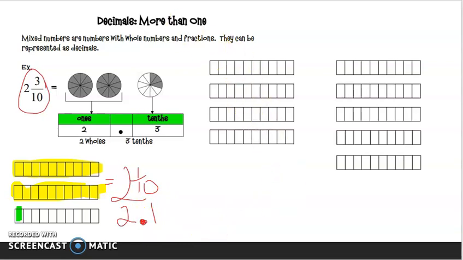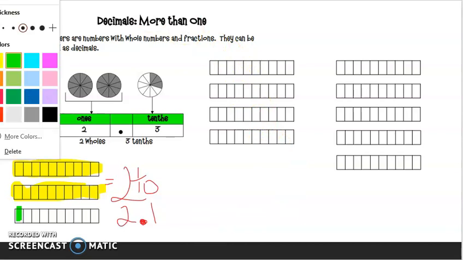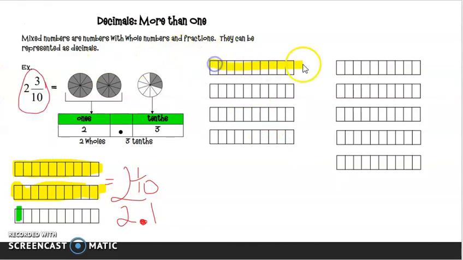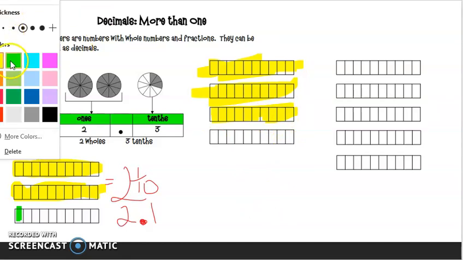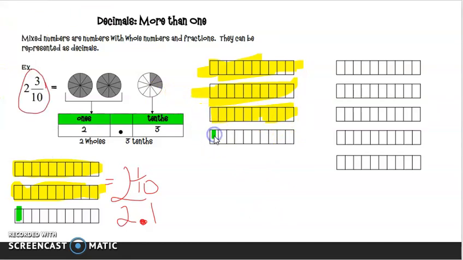Let's try another one. 1 whole, 2 wholes, 3 wholes, right, so now, and 3 wholes, and what should our fraction be? Let's do 1, 2, 3, 4, 5.